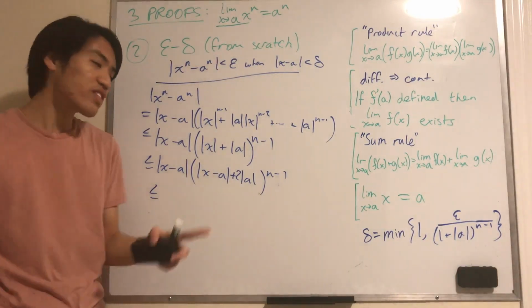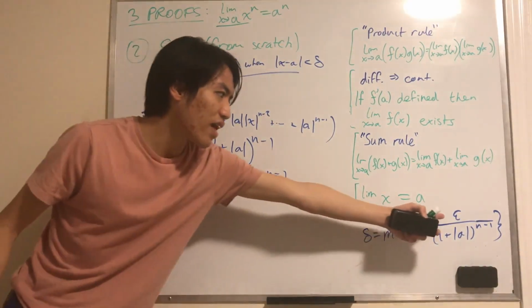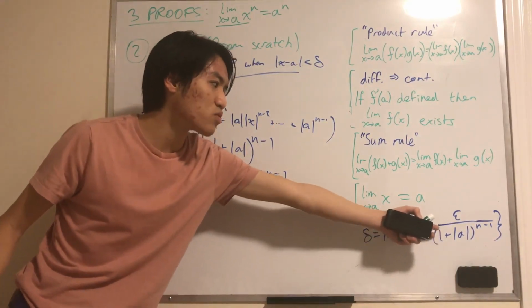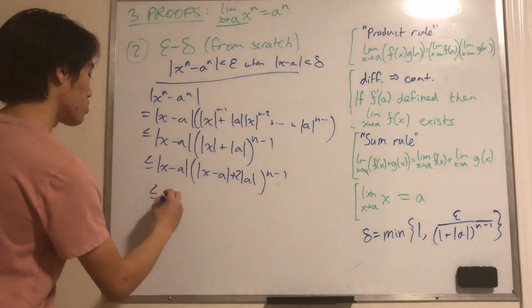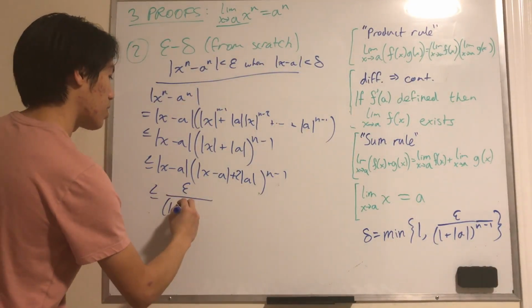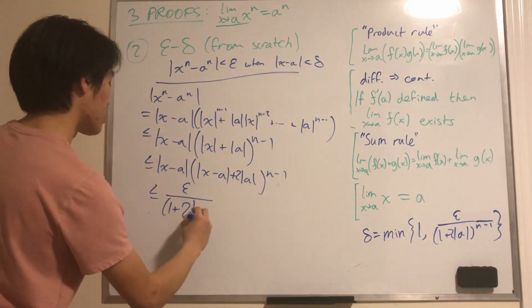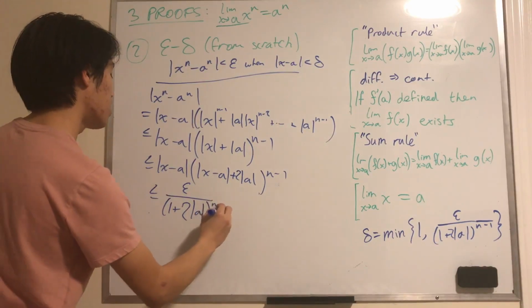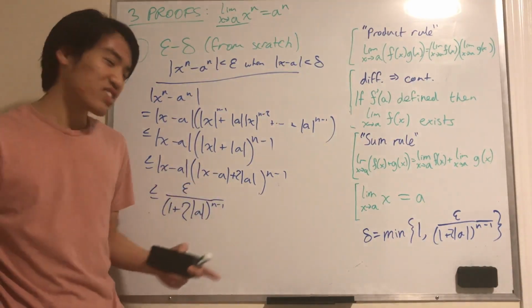I know at the very least, x minus a must be less than that thing, epsilon over 1 plus 2 absolute value of a, to the n minus 1. Sorry, that should be 2 absolute value of a. And we also know that x minus a has to be less than or equal to 1.